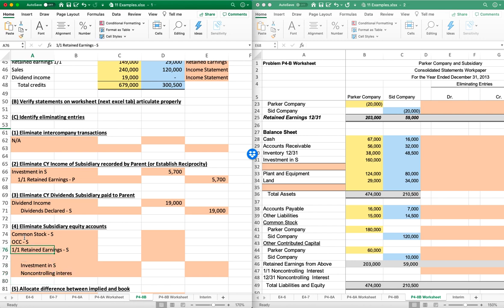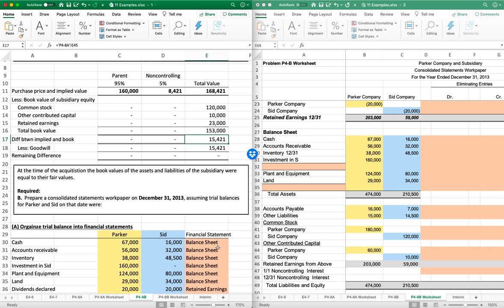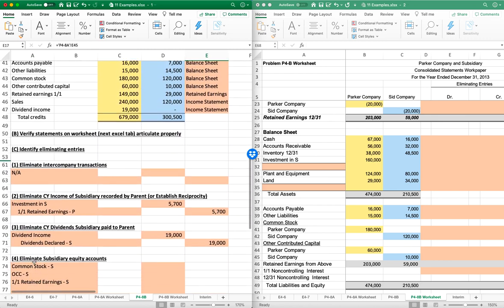And if our debits don't equal our credits, we're also going to have a difference between implied and book. And we know that because our difference between implied and book was positive, this is going to be a debit.